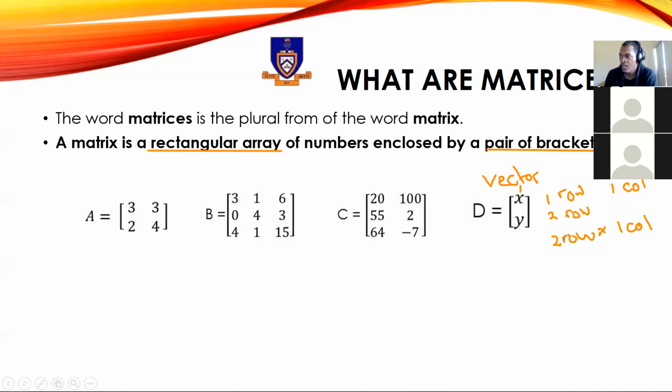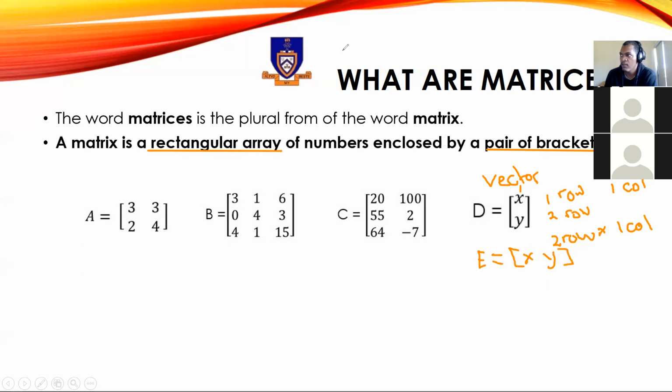This is what a vector is normally about. This is called a column vector, and I also explained that we can have a row vector. A row vector will be something like this. If I call it E, we have the square brackets, we have our X, then our Y, and we close the square bracket.